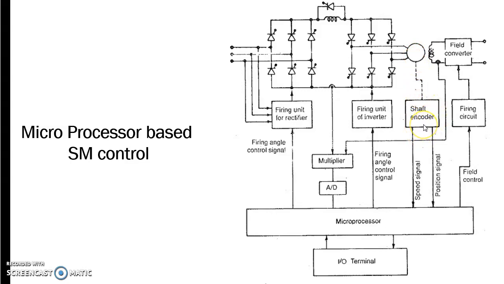Mostly it is an optical encoder, and stator and field currents are also sensed using sensors and converted into digital form. We need a digital form of data because it is a microprocessor. Before they are fed to the microprocessor, we should convert analog to digital, then digital to analog for further processing.